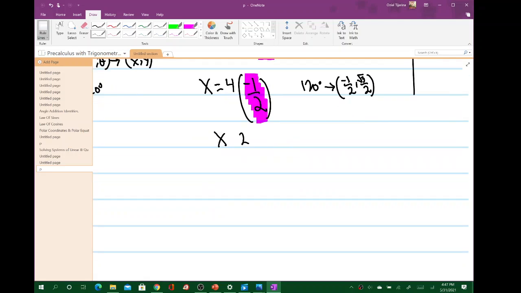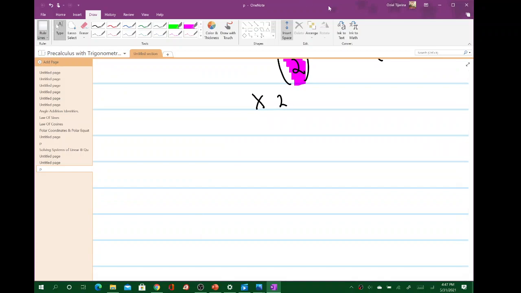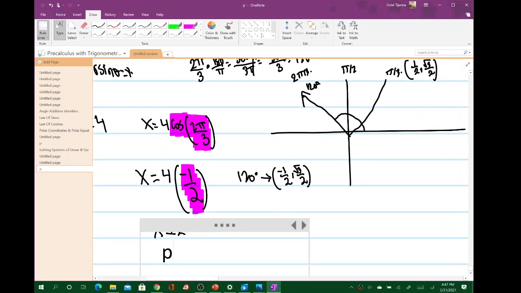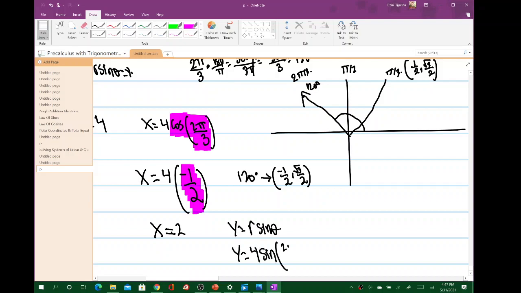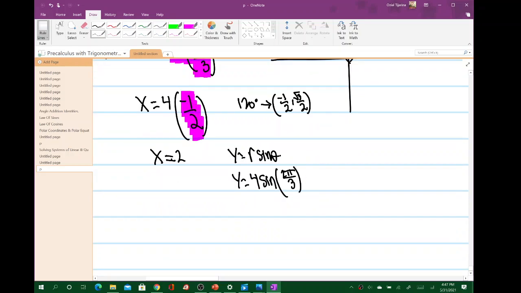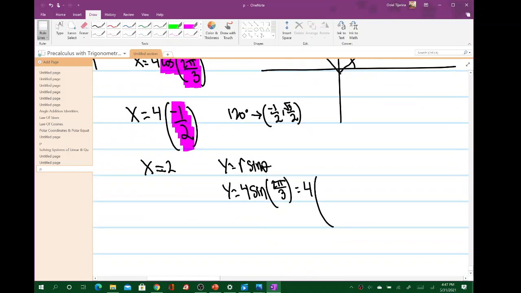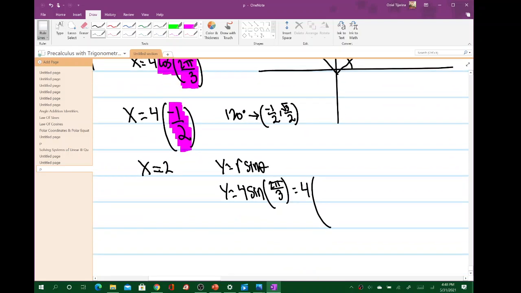Now for the y term, you're gonna do y equals r sine theta, right? So y equals 4 sine of 2 pi over 3. This is gonna be equal to 4 times the sine of 2 pi over 3, which is square root of 3 over 2, because it's the y term of 2 pi over 3.